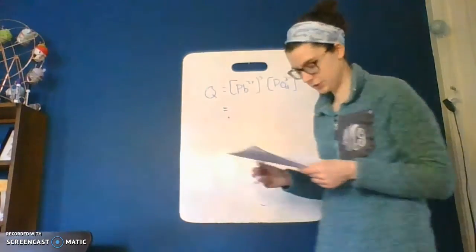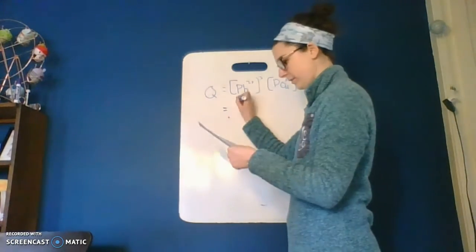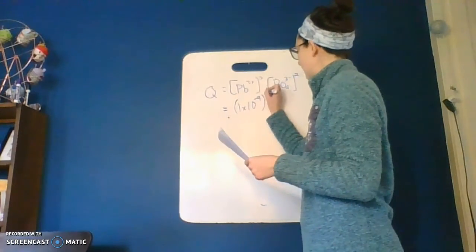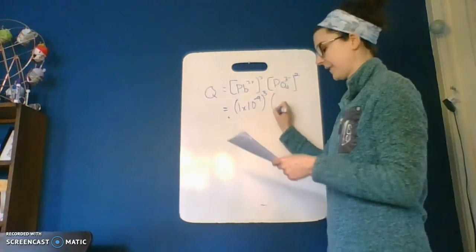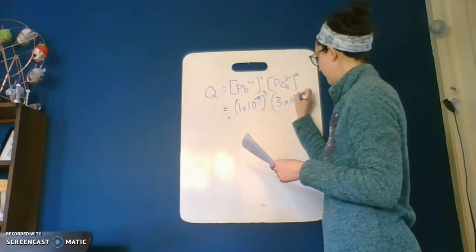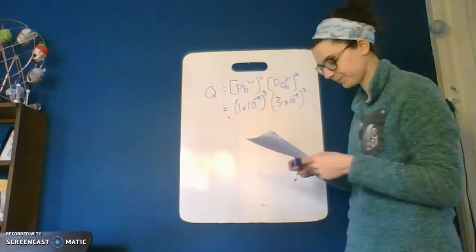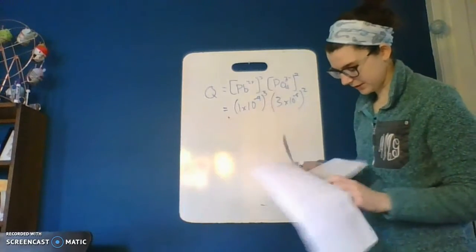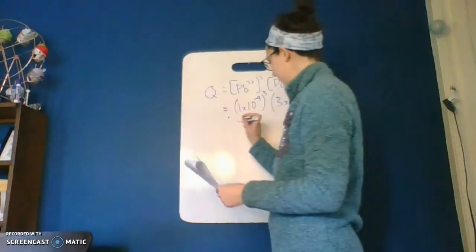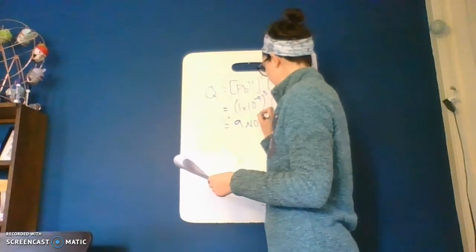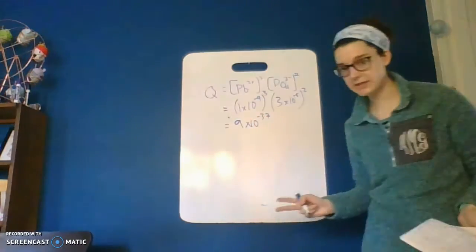They give me a concentration of lead of 1 times 10 to the negative 9 molar, and I have to remember to cube that. And a concentration of phosphate of 3 times 10 to the negative 5, and I have to remember to square that. When we plug this into the calculator, you get a Q value of 9 times 10 to the negative 37, which is pretty small.